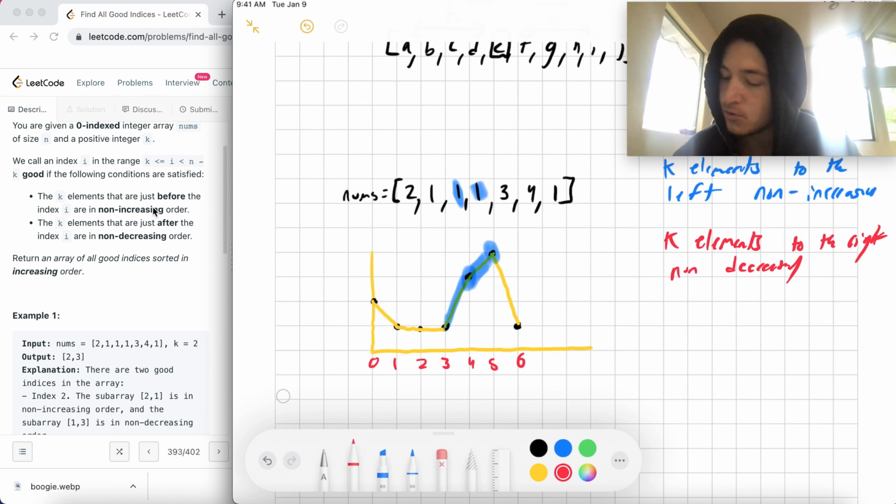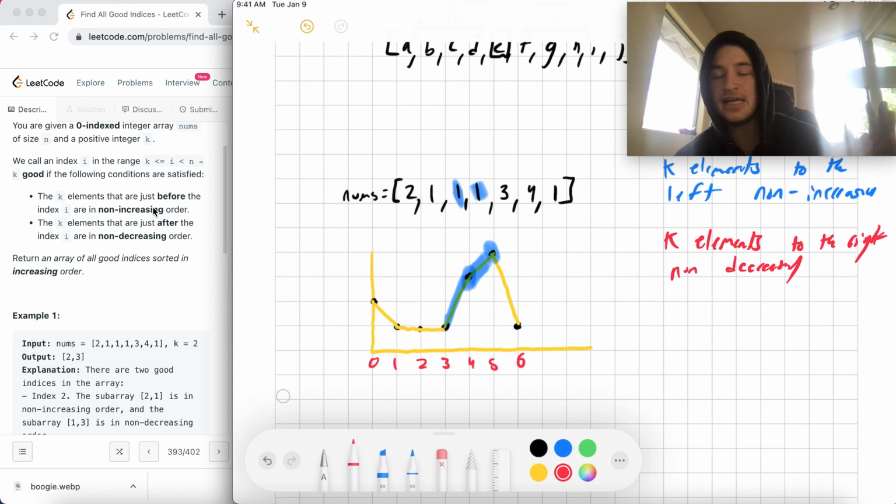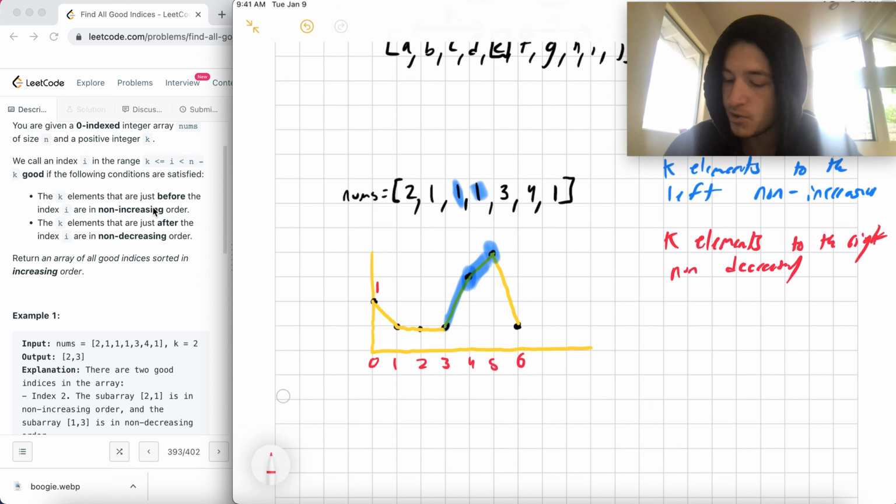Well, what we can do, to see if the previous k elements are increasing, is just keep a running sum, right? And every index for how many of the previous k have been increasing. So when you start, there's always one thing that's non-increasing, just yourself.